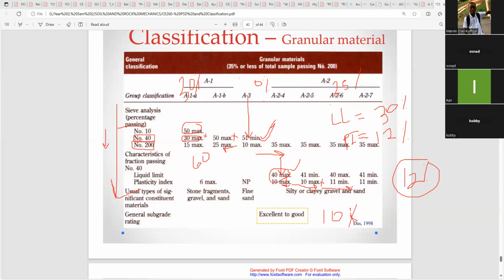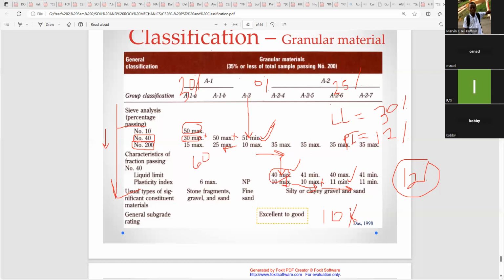So we are going horizontally again. Here the minimum is 11, which means it accommodates values of 11 and above. Here we have 12, so it passes for this side.